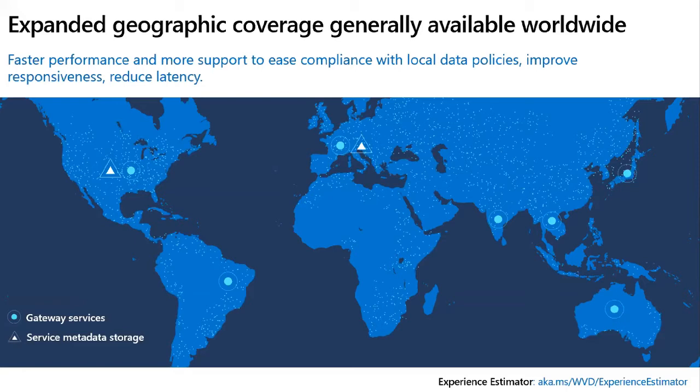Europe is planned in the next few weeks. Currently, the only available location for storing your metadata is in the US, but Europe will roll out in a few weeks, followed by Asia and a few other regions. The circles that you see are gateway services, essentially the closest entry point for WVD services for end users connecting from the internet or from various office locations.